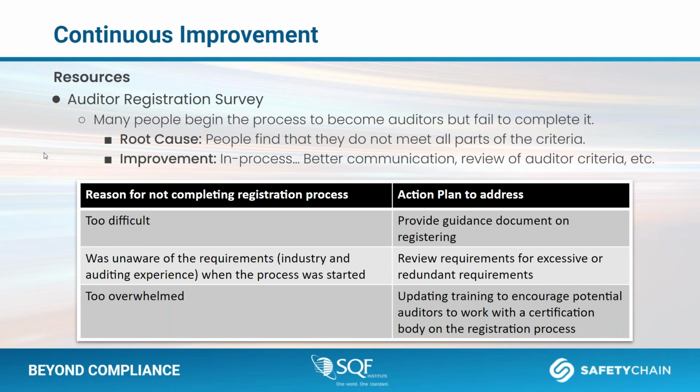So do that earlier, sooner in the process rather than later. We see a lot of applicants that wait till the very end and then they try to find a CB. So do that early. Find a CB willing to sponsor you, and then they will help you navigate that registration process. And so we've changed the way that we look at that type of steps in the process. And so I think that's going to help.